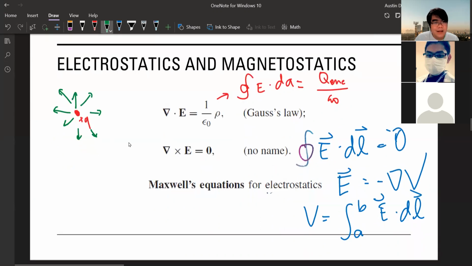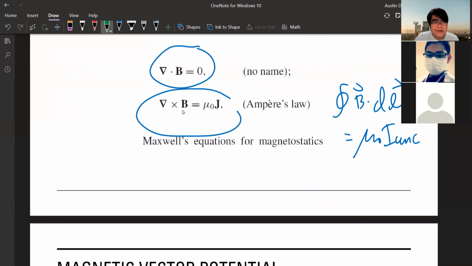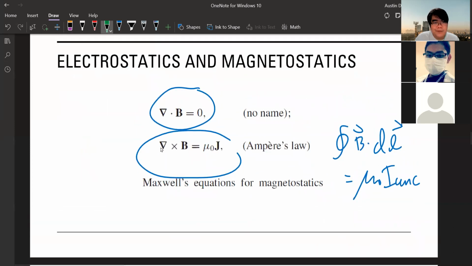Amazing. And then in magnetostatics, we learned that the magnetic field curls around your currents.